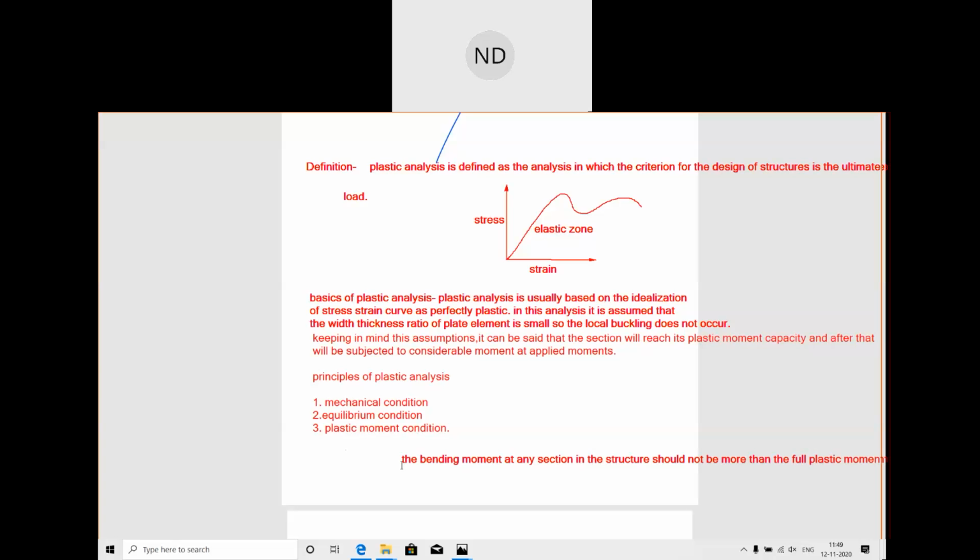That means the moment at which plastic hinges form and the structure moves to failure of the section.